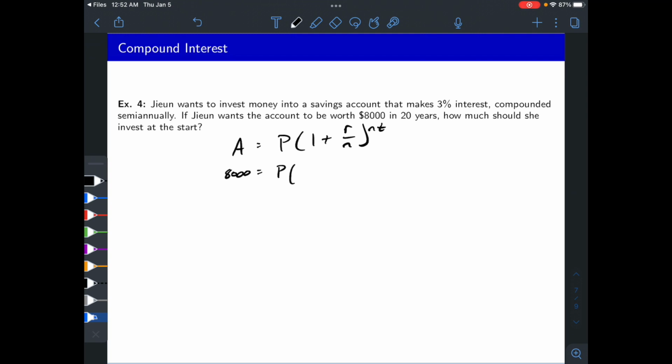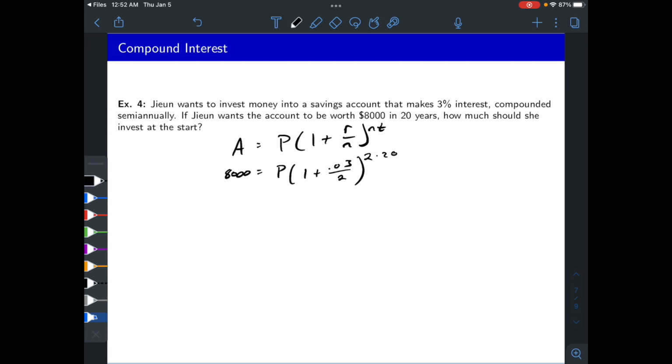And P is the initial deposit, how much Gian is going to invest at the start. Then multiply that by 1 plus r, which is 3% or 0.03, divided by 2, and this is to the 2 times 20. So 8,000 equals P times 1 plus 0.03 over 2, to the 40th power.